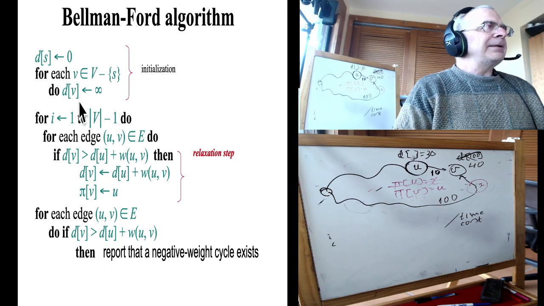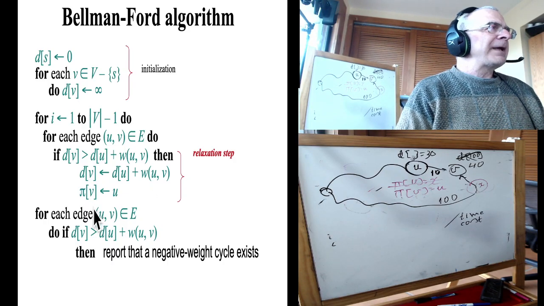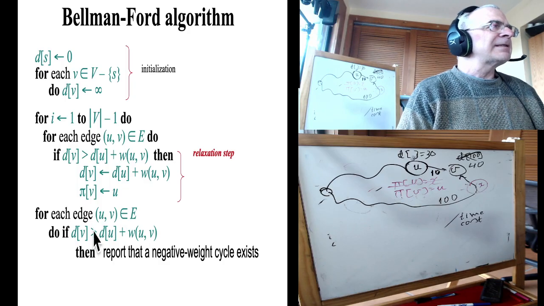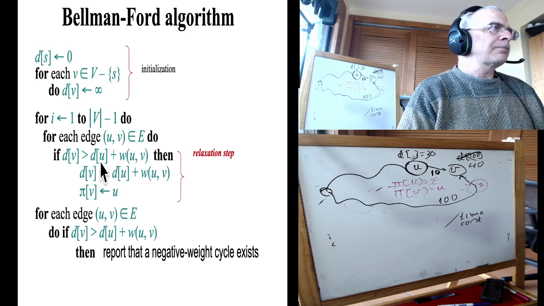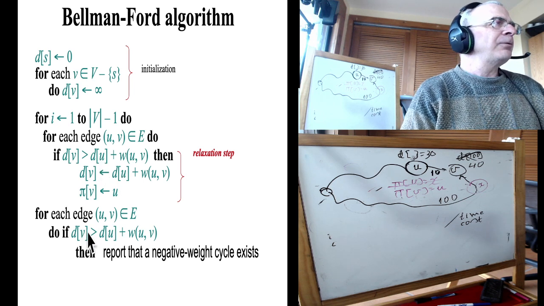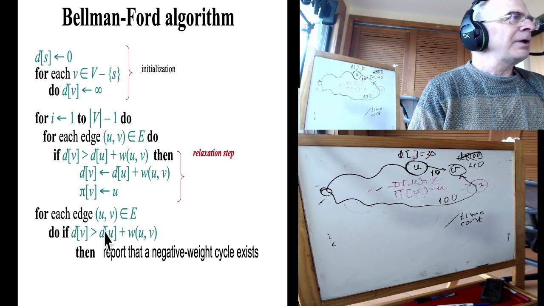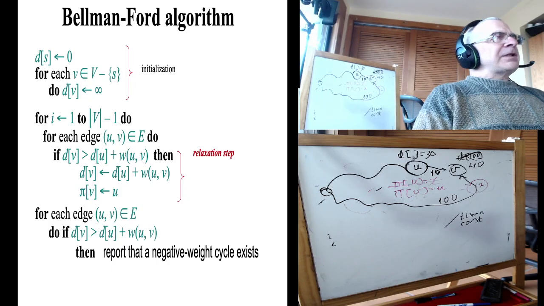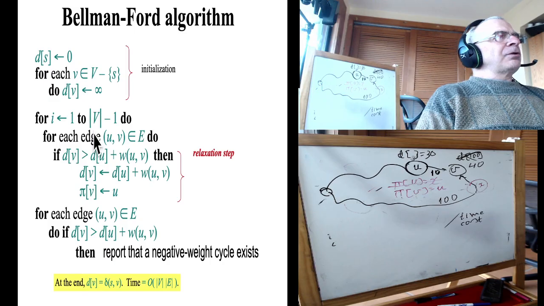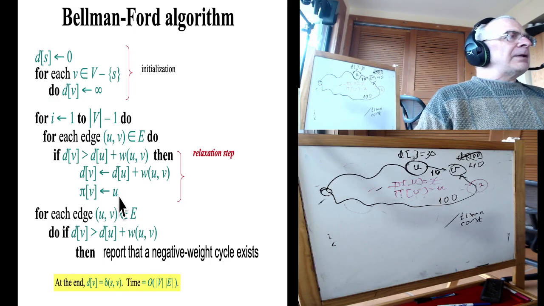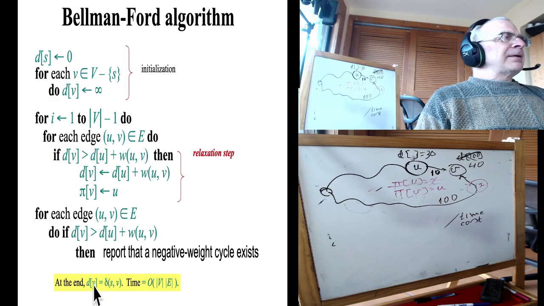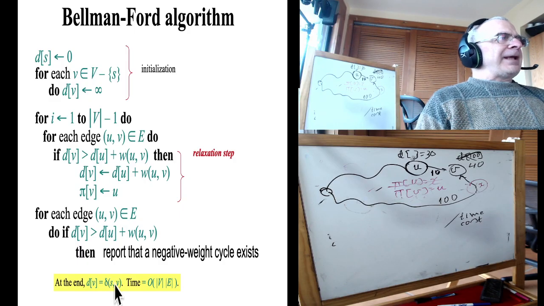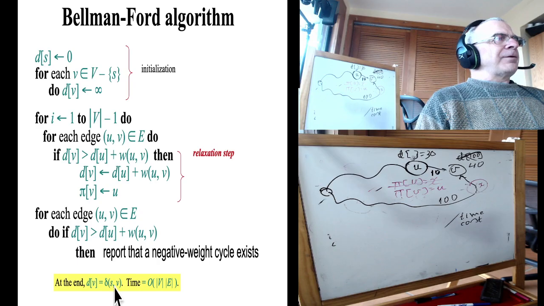So in a graph without negative cycles, we expect that this check of relaxation in the last step will not change anything, that D of V will be equal or smaller than D of U plus W UV. Okay, so that's what the code of the algorithm is doing. And at the end, D of V will be equal, as we'll claim, to the distance in the graph from S to V.